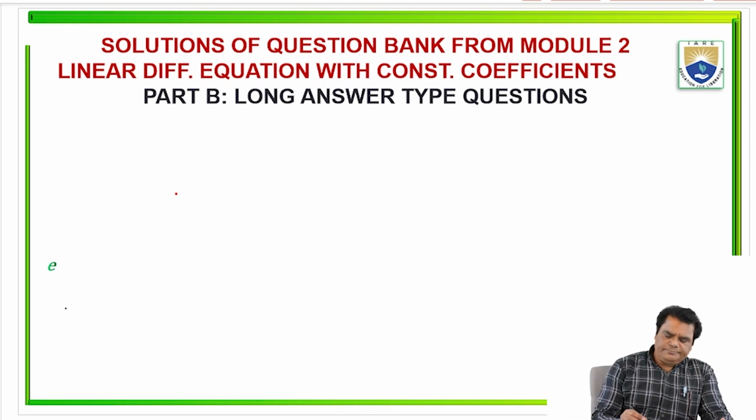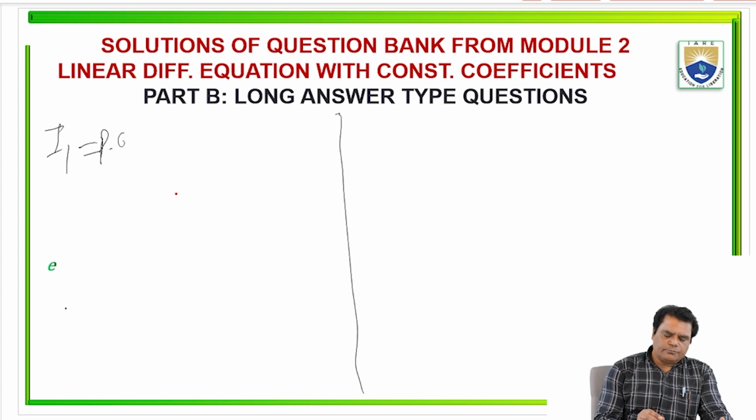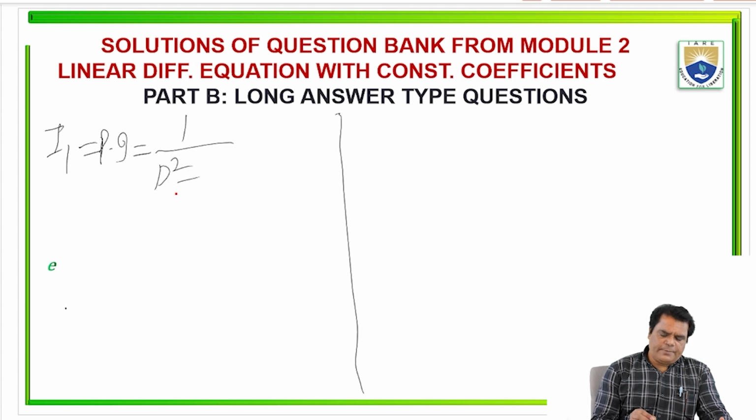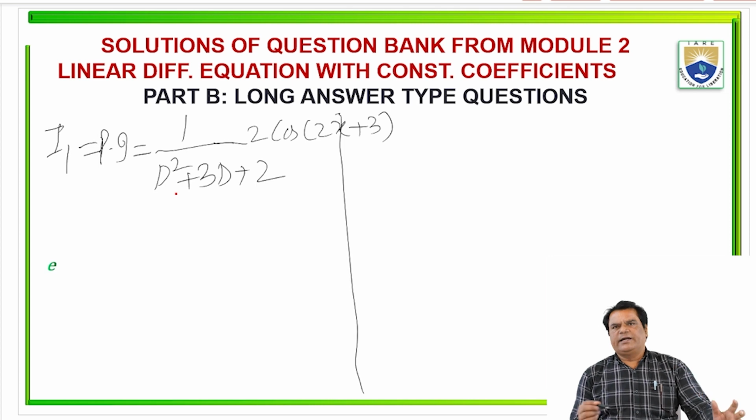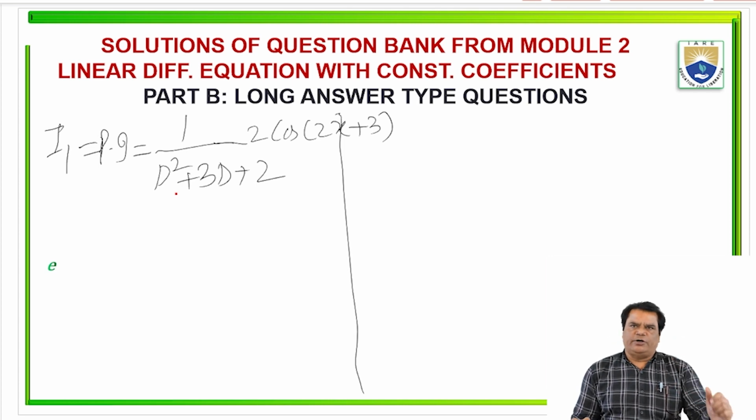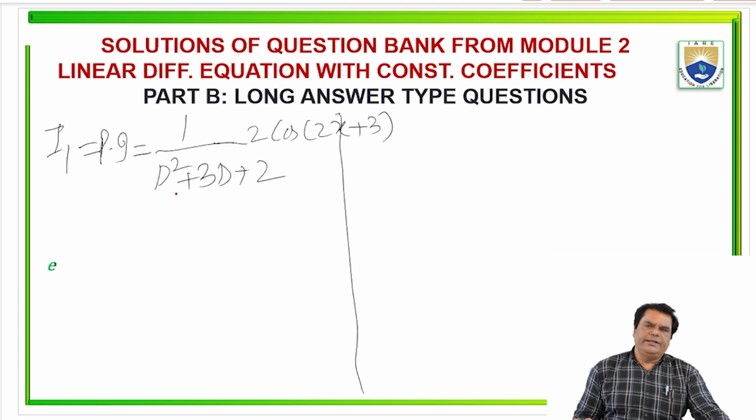So now here I1, the PI, is 1 upon D square plus 3D plus 2 into 2 cos 2x plus 3. Here is a trigonometrical function, cos. There are only two functions involved in this kind of particular integral, sine and cos.